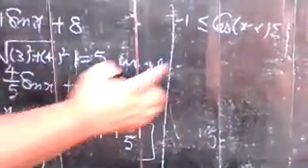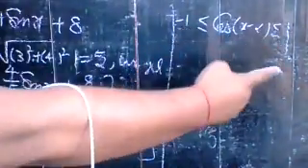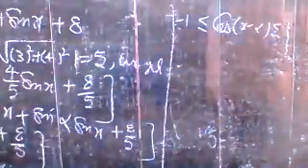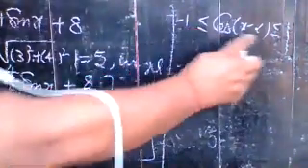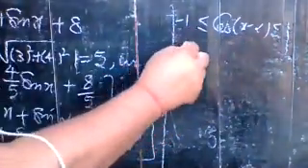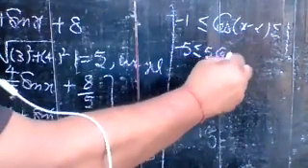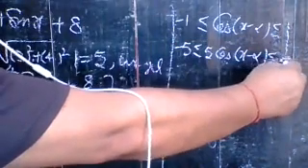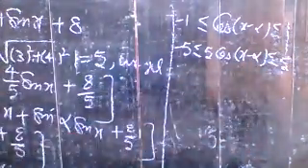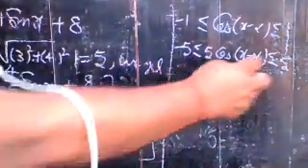This cos function is multiplied by 5, so you multiply each term by 5. So you have -5 less than or equal to 5 times cos of x minus alpha less than or equal to 5. Now you add 8 to each of the terms.